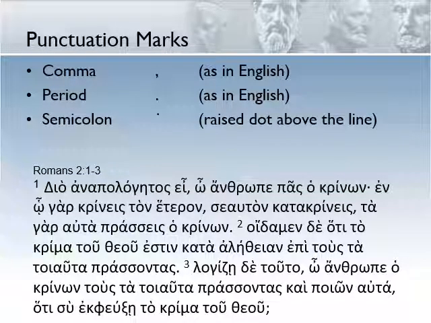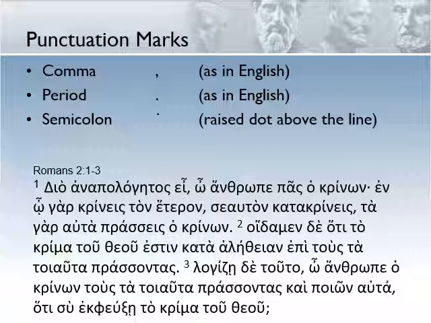Now we have a semicolon in English, but it's a combination between a raised dot and a comma. In Greek the semicolon is just a raised dot. And that's what we're seeing in Romans 2, verse 1, almost to the end of the first line there. Right after the word krinon, that raised dot is a semicolon.